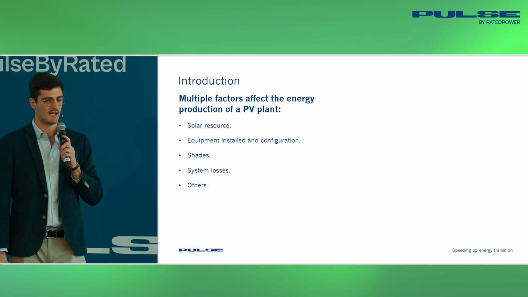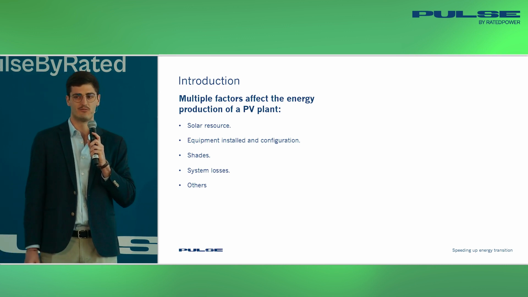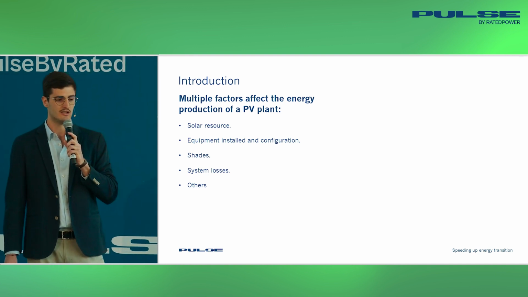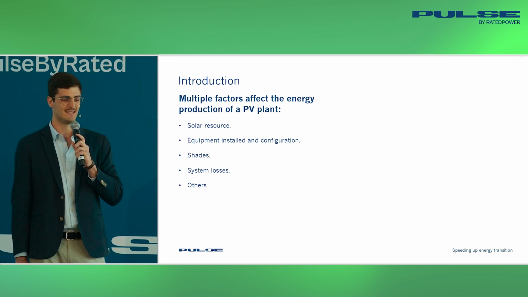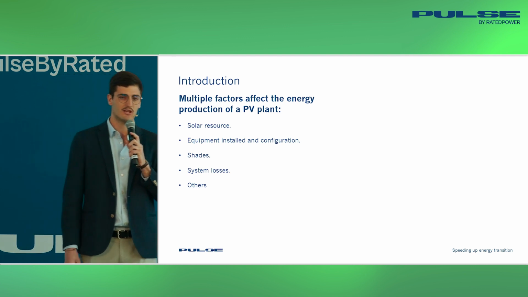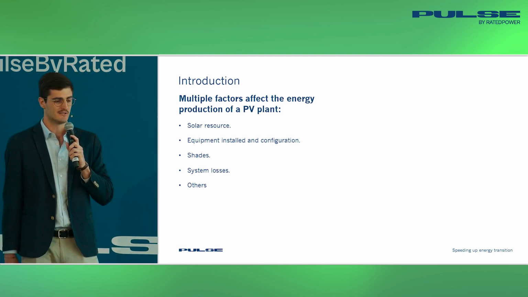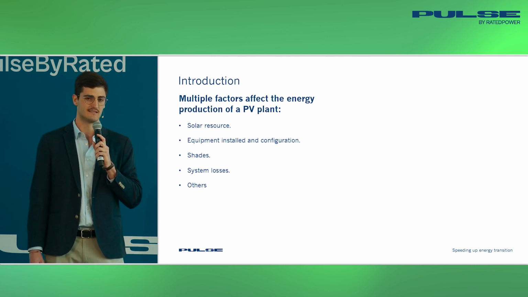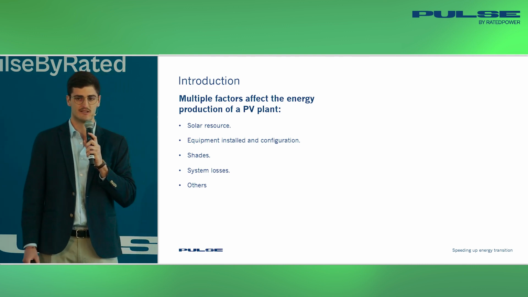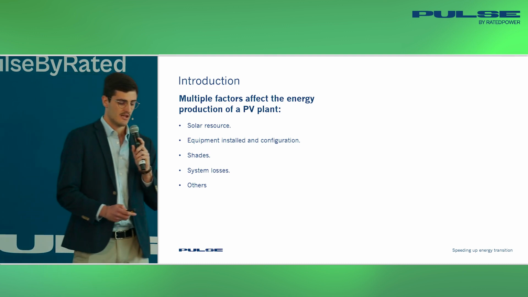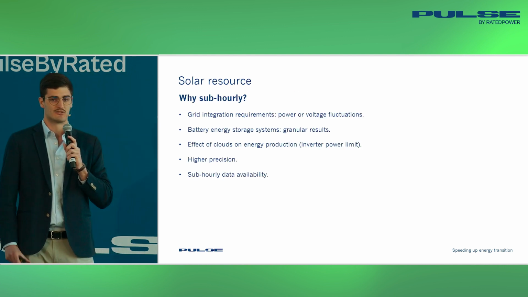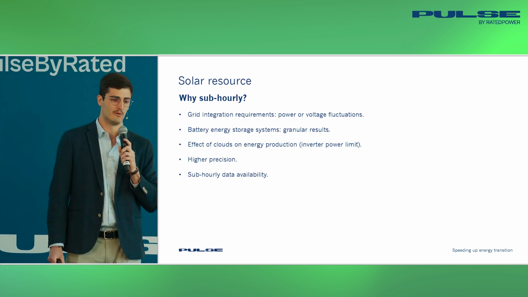All the shades that we can get from our PV plant: far shadings, near shades, row-to-row shades. And then some system losses and other losses that we can find in our design: the electrical losses, also the degradation losses, LID losses, and many others. In today's presentation, we are going to focus on the first one, the solar resource, but why sub-hourly?